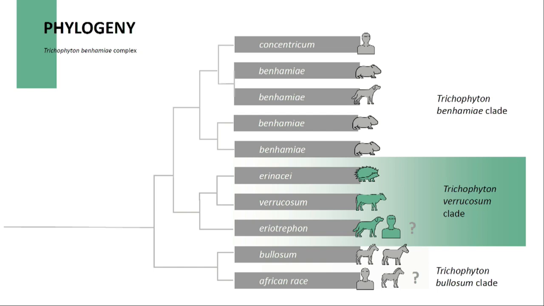As you know from Vít's presentation, we did quite comprehensive work on the Trichophyton benhamiae complex, but there is still a lot of work to do. So now in the next study, we continue with a very interesting species, Trichophyton erinaceus, which became an emerging pathogen.